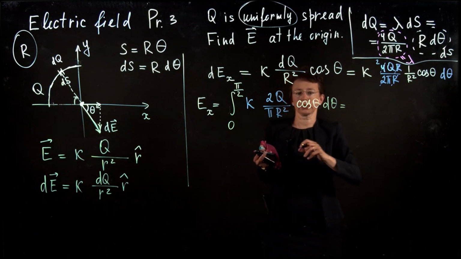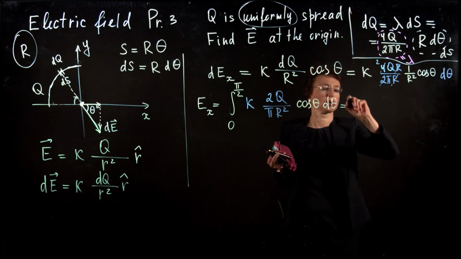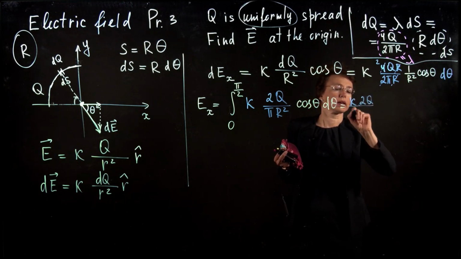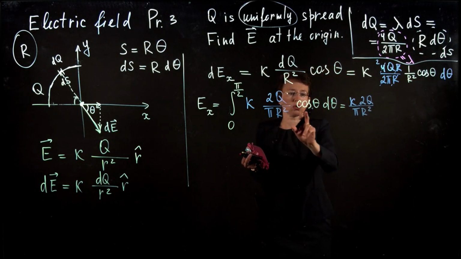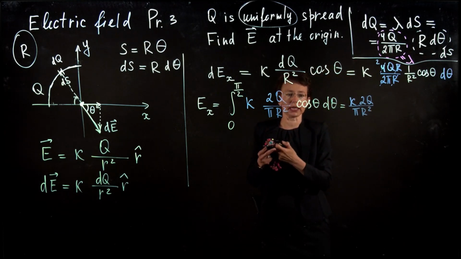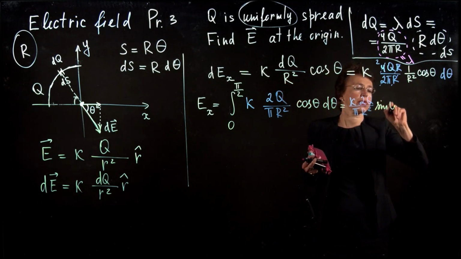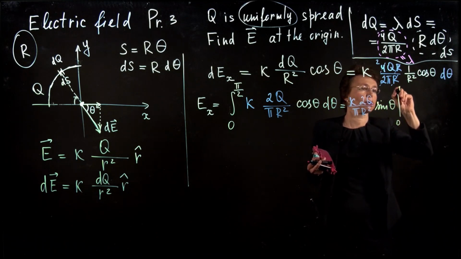I will rewrite these constants. K 2q over pi r squared. Integral cosine theta d theta is sine theta. Limits are from 0 to pi over 2.